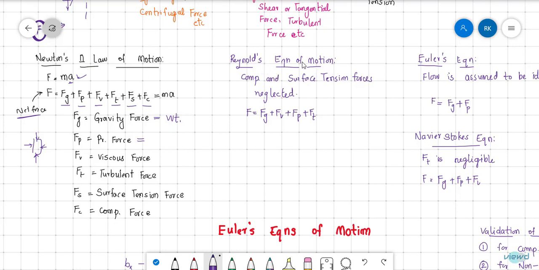Then there is Reynolds equation of motion. He neglected compressible forces and surface tension forces, so this Reynolds equation is valid for incompressible fluids. So F, the net force, is equal to gravity force, viscous force, pressure force, and turbulent force.